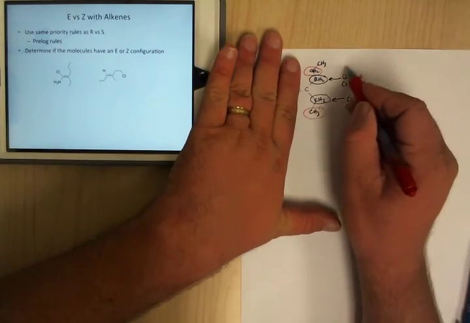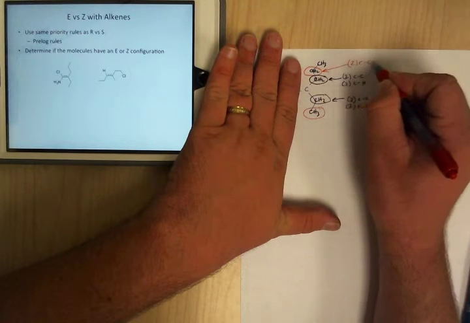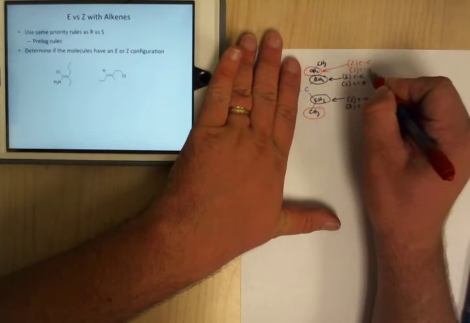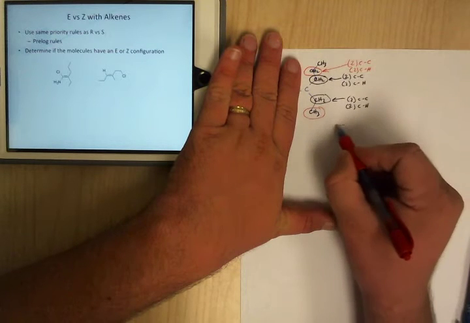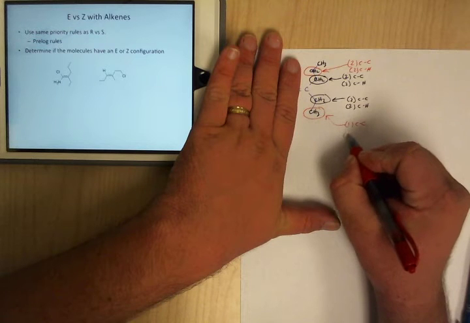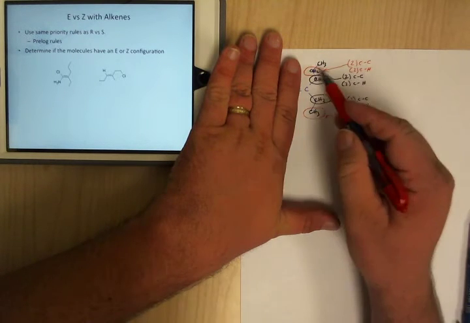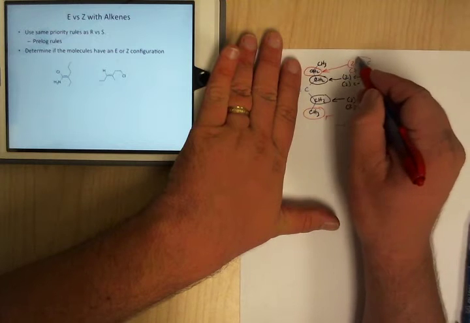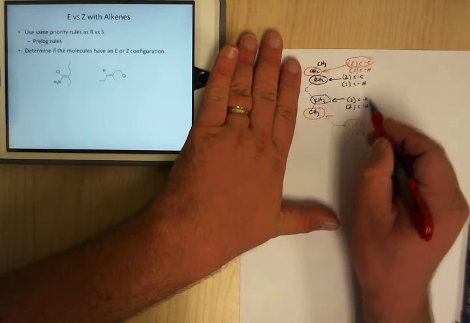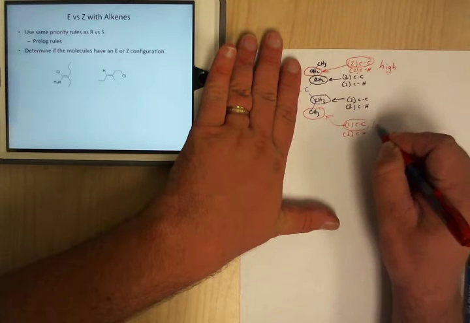This one has two carbon-carbon and two carbon hydrogens. This one here only has one carbon-carbon, three carbon hydrogen. So you compare the heaviest thing hanging off. This is 2 versus 1, so this becomes the high and this becomes the low.